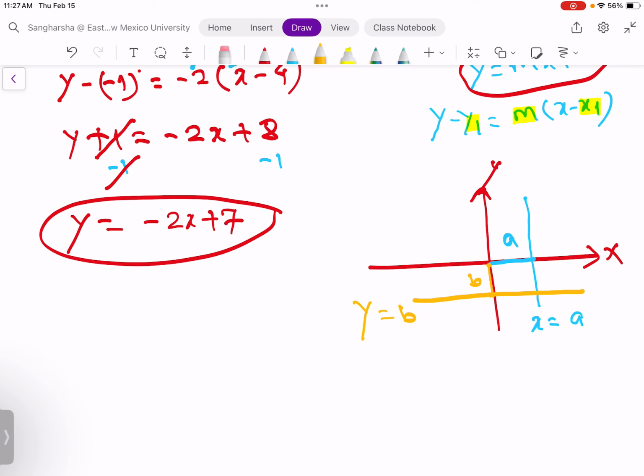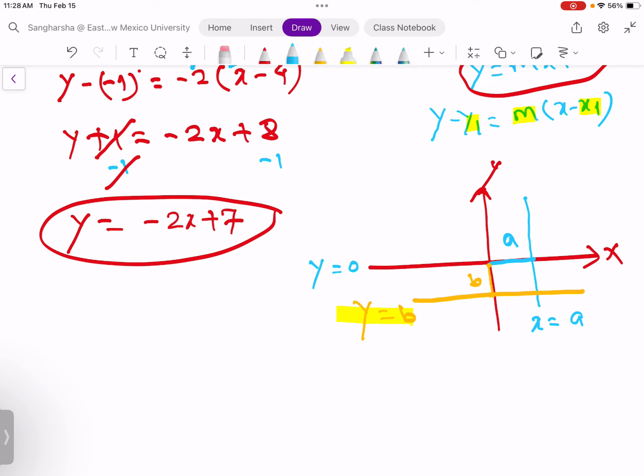Because it is a horizontal line, y equals b is the equation for every horizontal line. So y equals 0 is the same as the x-axis. If you have y equals 0, then that is your x-axis.